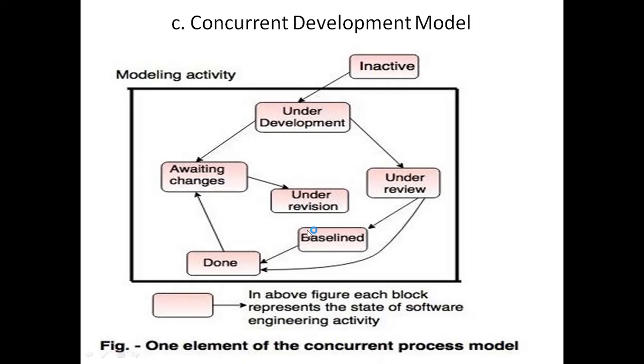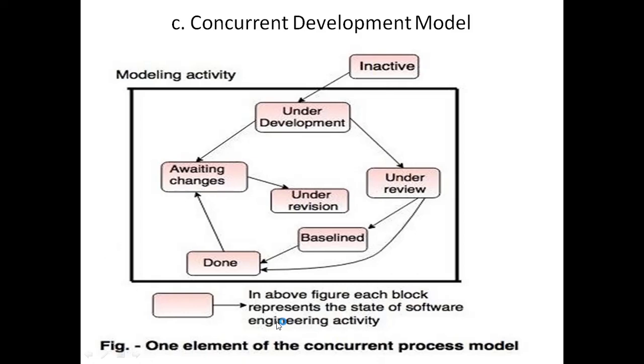And once the stakeholders see that the product meets the user requirements, they put the product into the done stage. And after done, if the user sends some feedback about where changes are needed, then the status of the product again goes to awaiting changes.